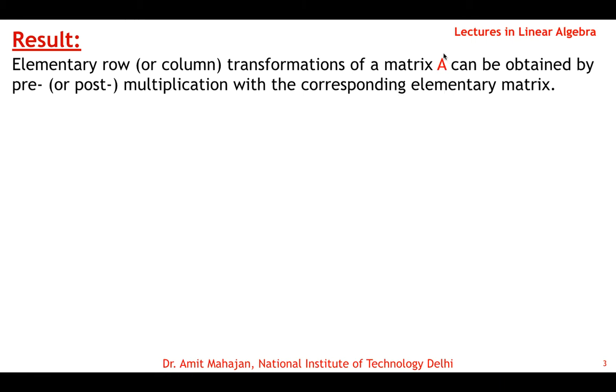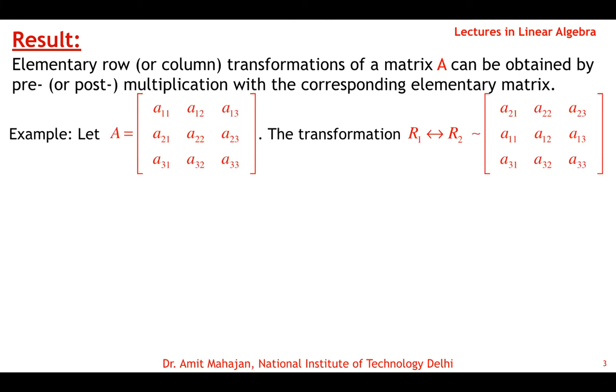If I have a 3 by 3 matrix A and I interchange its first row and second row, then correspondingly I take the 3 by 3 identity matrix and change the first and second row, and that is the corresponding elementary matrix. If I pre-multiply matrix A with this elementary matrix, the same operation which I apply directly on A can be obtained.